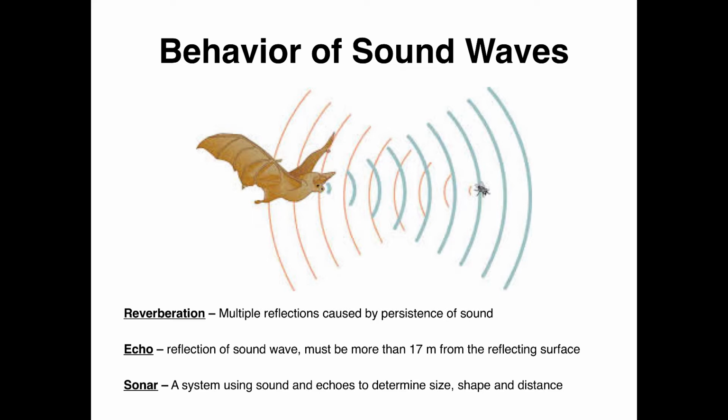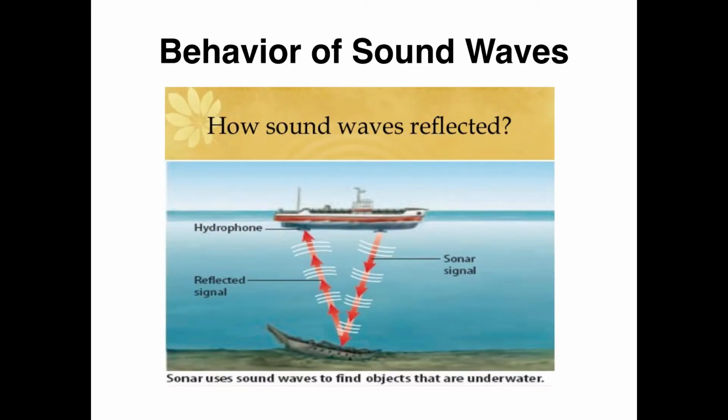And here's an example of sound waves being reflected off something off the bottom of the water, and the sound waves can then be interpreted by various instruments and can not only show you how far down it is, but also the size and the shape.